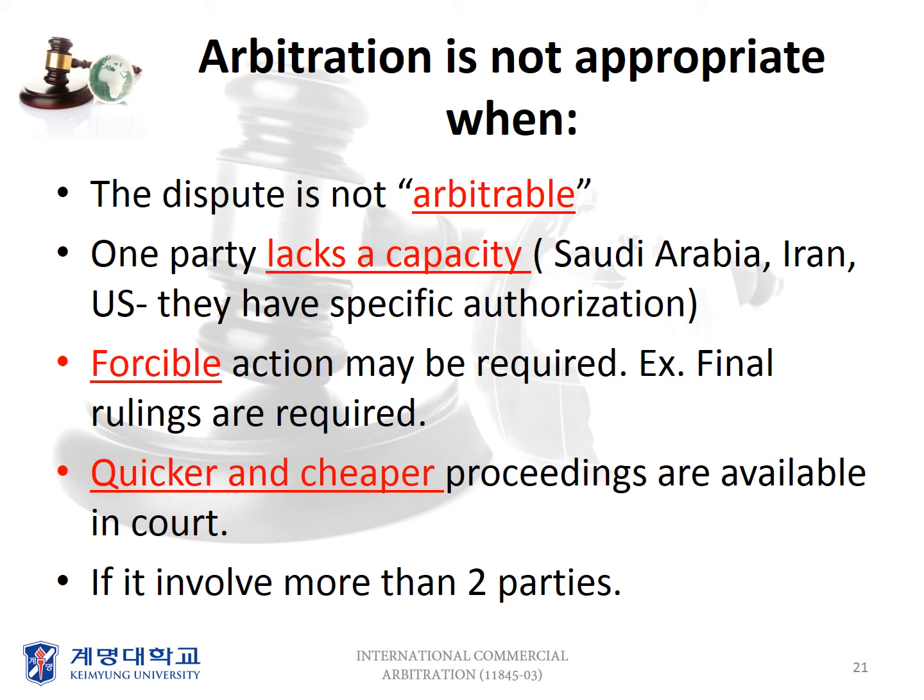There must be an immediate action. Next, quicker and cheaper proceedings are available in court. Normally, when one party doesn't want to settle the dispute without the court, arbitration is not appropriate.